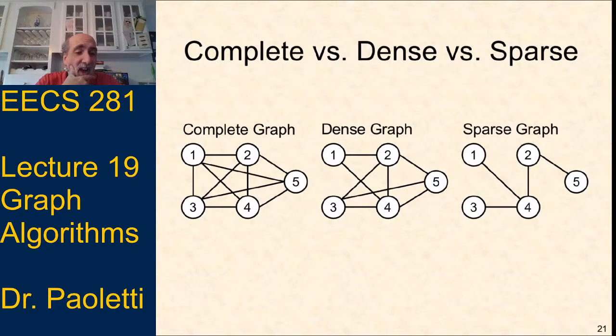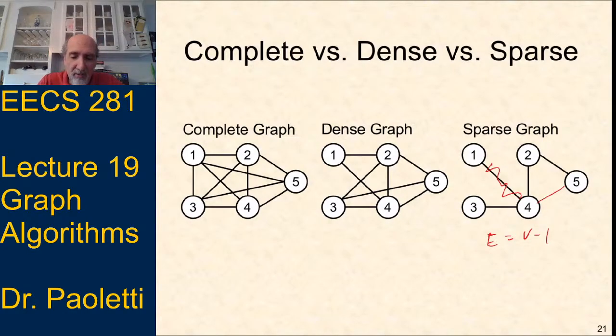here is in fact, in this one, E happens to be equal to V minus 1, which is the bare minimum number of edges to make it connected. Now, we could have the bare minimum number of edges, and let's say I get rid of that one and I add that one, I still have a sparse graph, but it's disconnected.